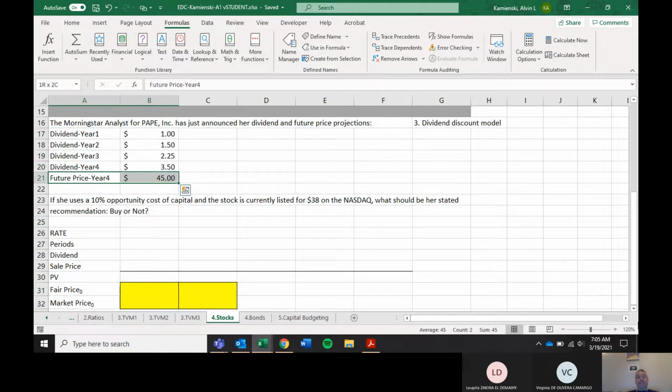So that analyst sits down and does some of the calculations like you and I are working on right now and goes, if that's the case, the consensus estimate is by the end of the fourth year, my buddies and I are talking about, we think that the PAPE stock is likely to sell for $45.